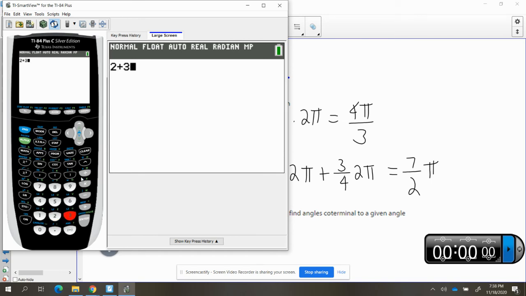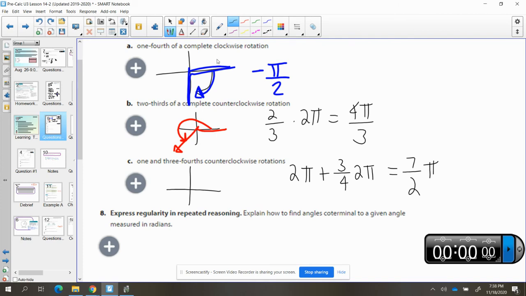Just remember to put that in your final answer. But your calculator can help you with the simplification here, especially the fractional portion. We get 7 pi over 2. Okay, so moving around here, counterclockwise 1 full time, and then another 3/4 brings us to, again, that negative y-axis, where we're terminating.